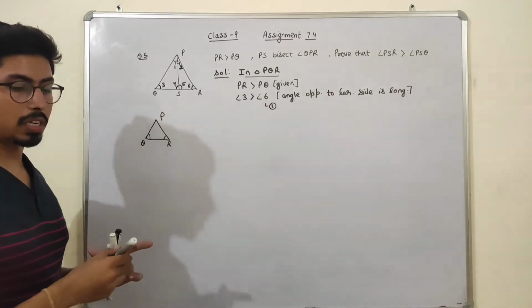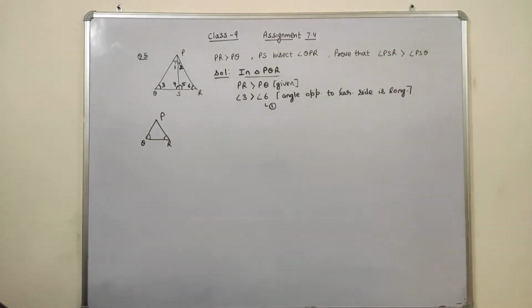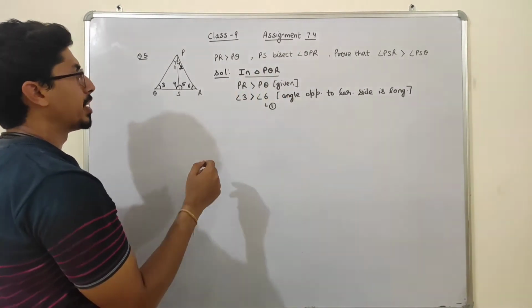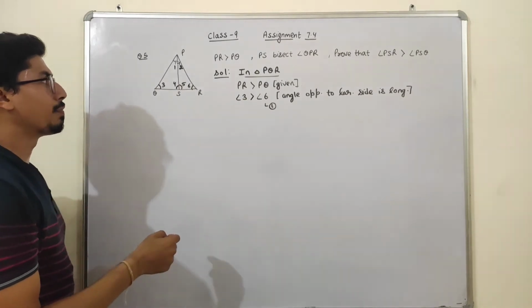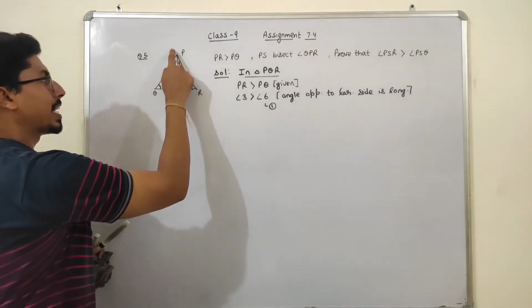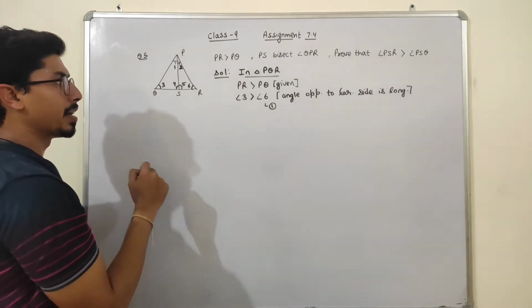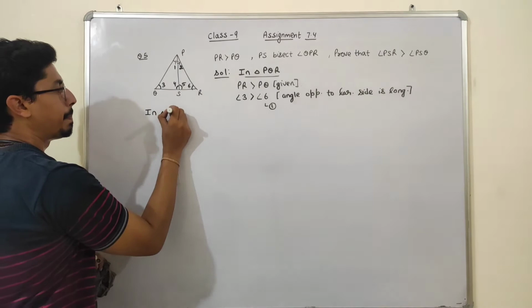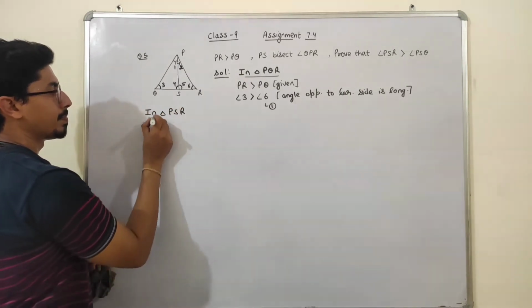Okay students, now I have to prove the relation between this angle and angle 4 and angle 5. So I will take triangle PSR.